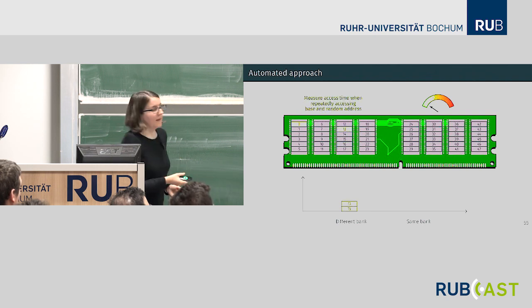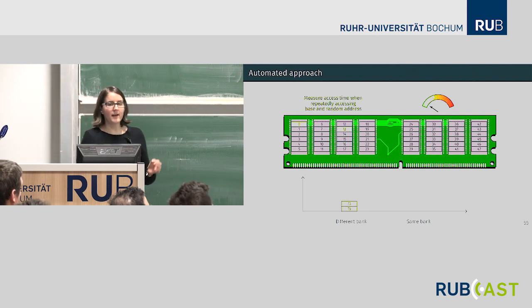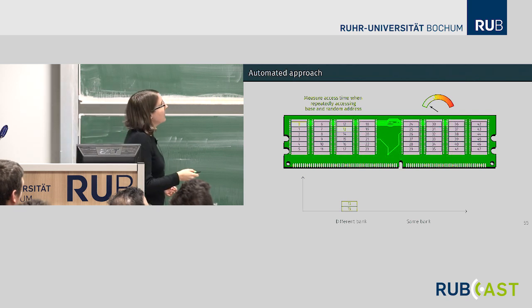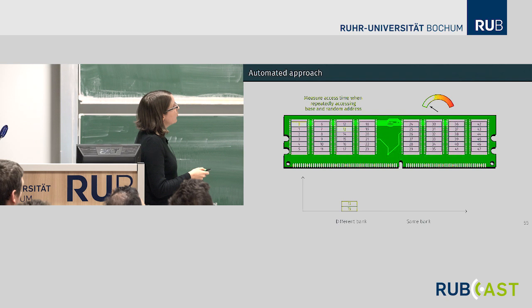Then we measure the access time when repeatedly accessing the base and this random address. And here, they go into different banks. So that is going to be quite fast because the row buffer never needs to change.